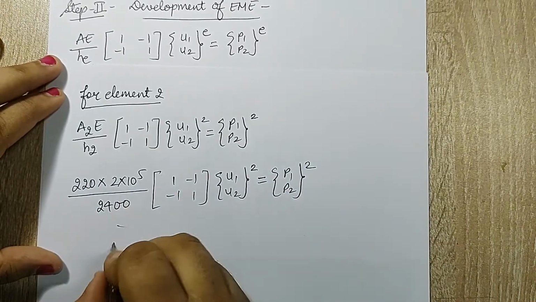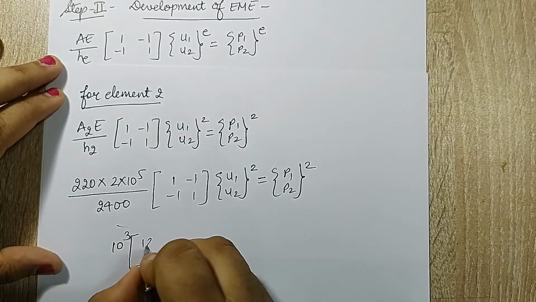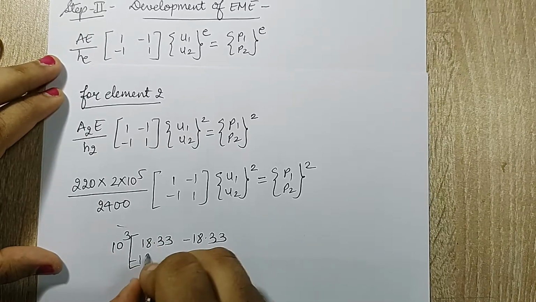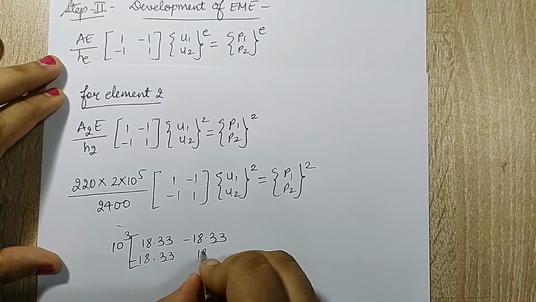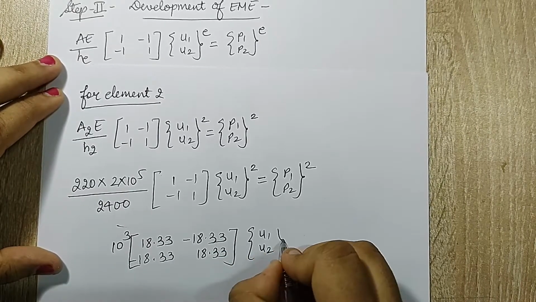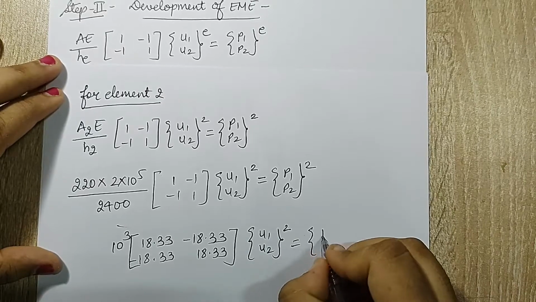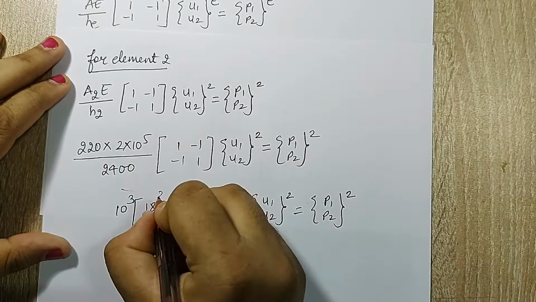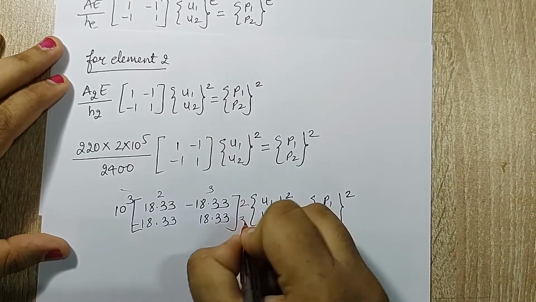When I solve this, I get 10 raised to 3 times [18.33 -18.33; -18.33 18.33]. Element 2 is between node 2, 3, 2, 3.